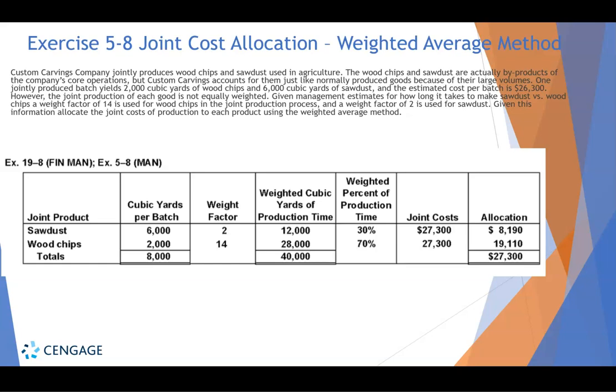So we've got the percentage, 12 over 40 or 28 over 40, gives us our percentages. So the sawdust will take 30% of the joint costs and the wood chips will take 70% of those joint costs.